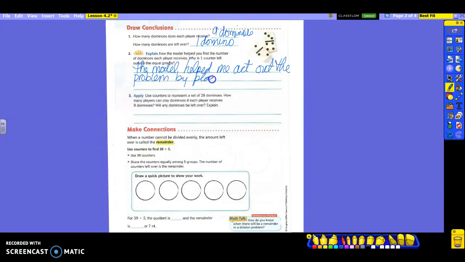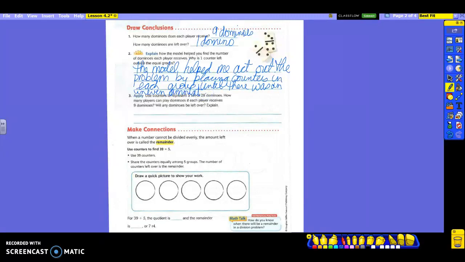By placing counters in each group until there was an uneven amount.